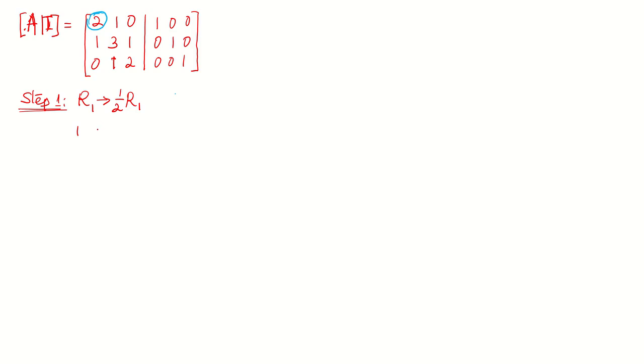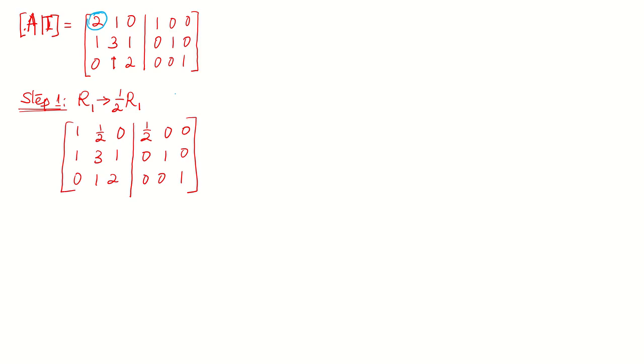The next element is 1 over 2, then 0, then 1 over 2, 0, 0. So this is the first operation. Other rows will remain the same: 0, 1, 0, 0, 1, 2, 0, 0, 1. With this, the first element has become 1.